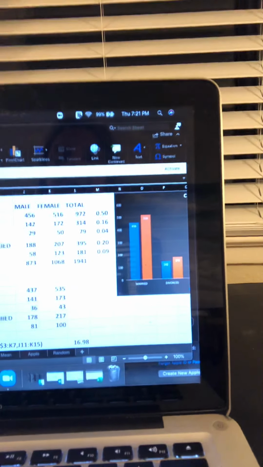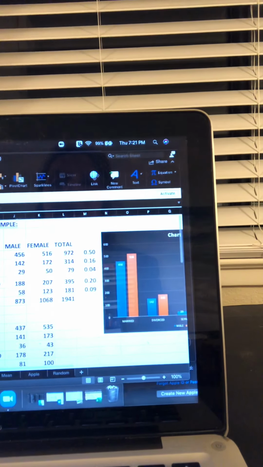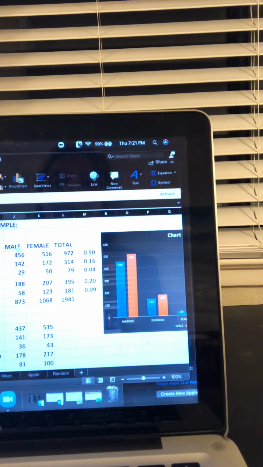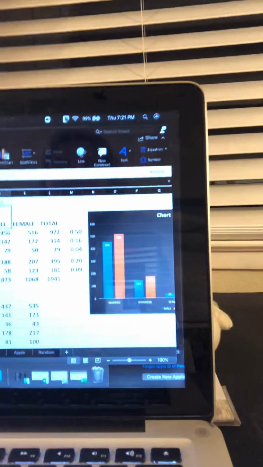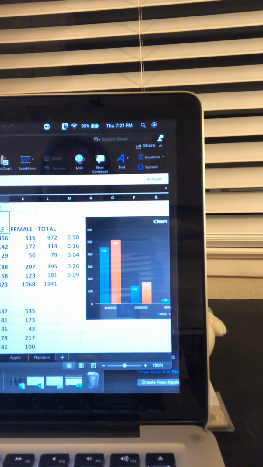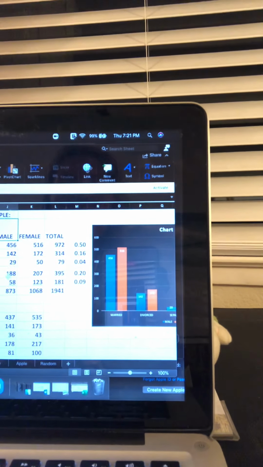So again, we're looking at the male and female relationships, and how many of those males are either married, divorced, separated, never married, or widowed, and the same with the females. Again, we do the same thing.